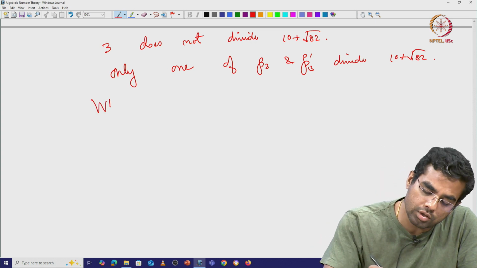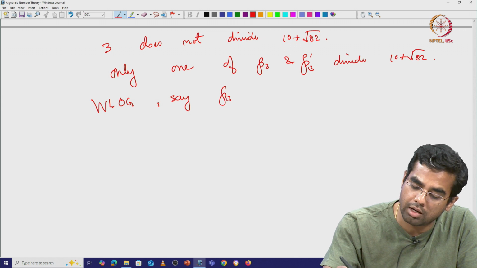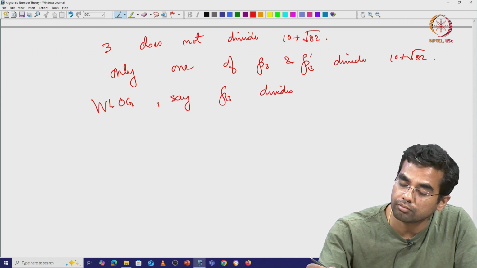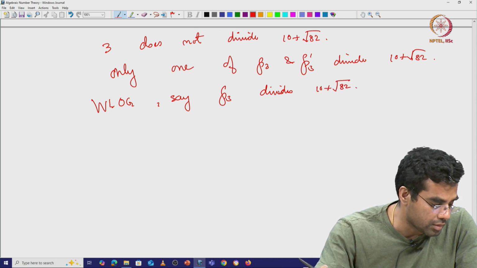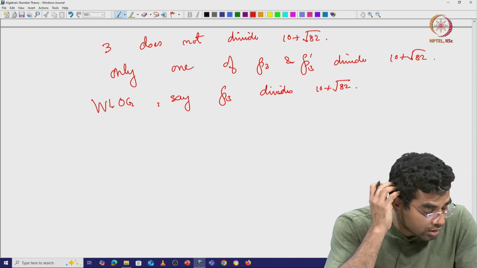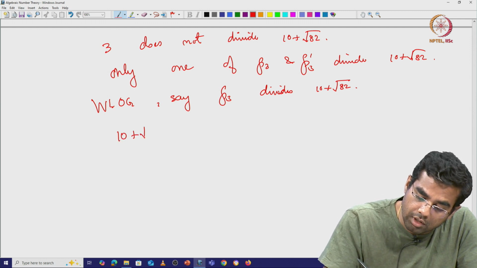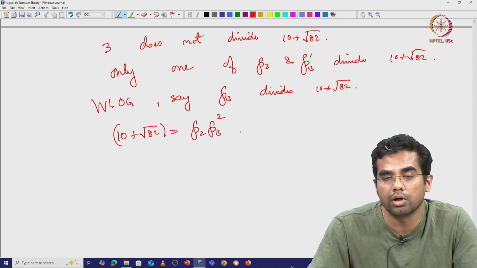So, without loss of generality, say that P3 divides 10 plus square root of 82. So, what this means is that 10 plus square root of 82 is equal to P2 into P3 square.